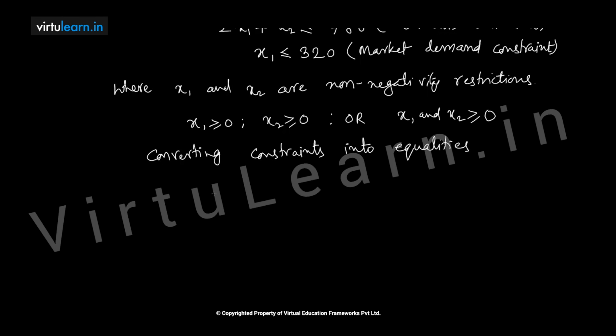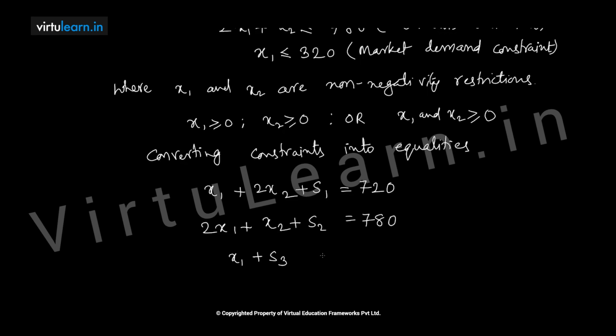To convert them into equalities, we will introduce a variable for each equation: S1, S2 and S3, which are surplus variables. In the second equation we use S2, and similarly in the third equation we use the surplus variable S3.